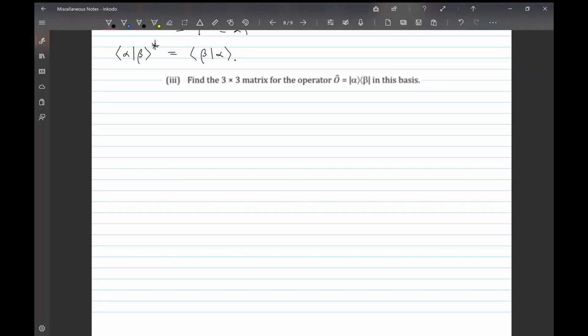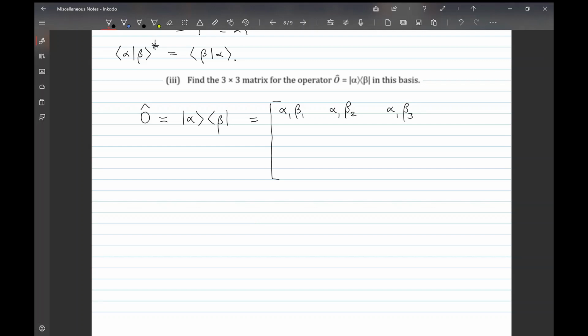Question 3 concerns what you might know as outer products or tensor products. So if you don't remember, let me just recall for you a definition. The outer product of these two vectors here is going to be given by the matrix, which will fix the first entry of alpha, then multiply through by the other entries of beta.